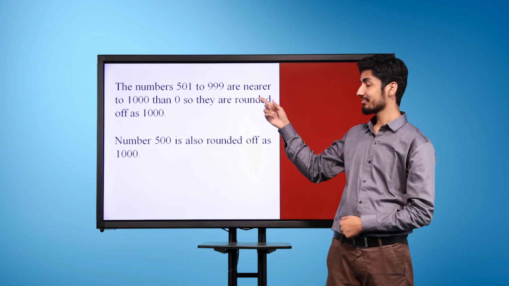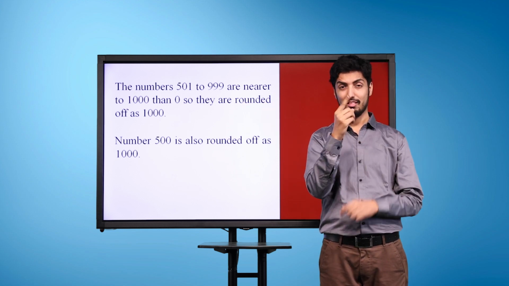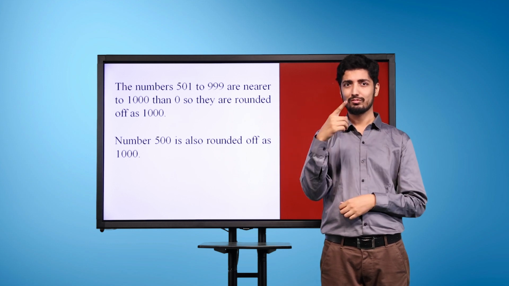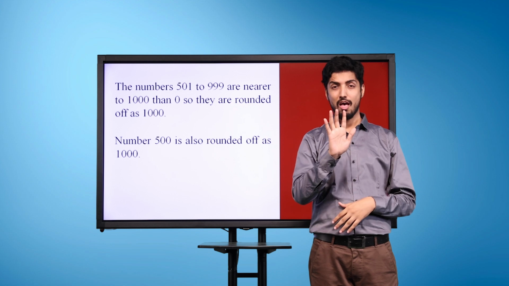The numbers 501 to 999 are nearer to 1000 than 0, so they are rounded off as 1000.